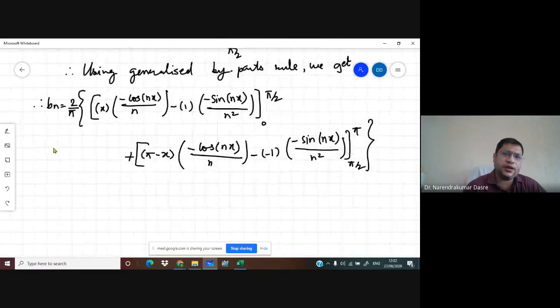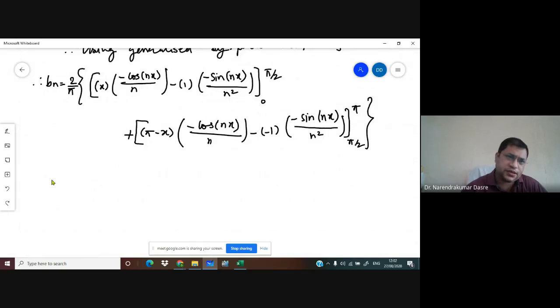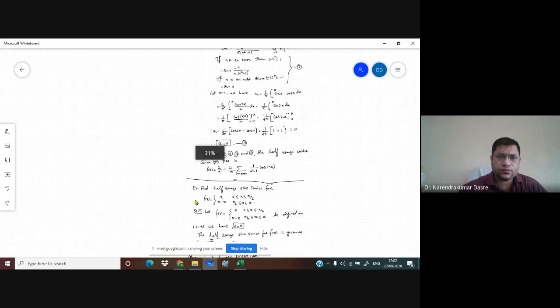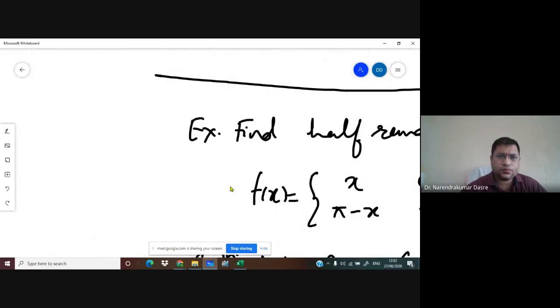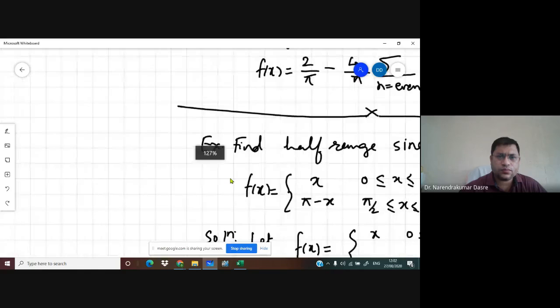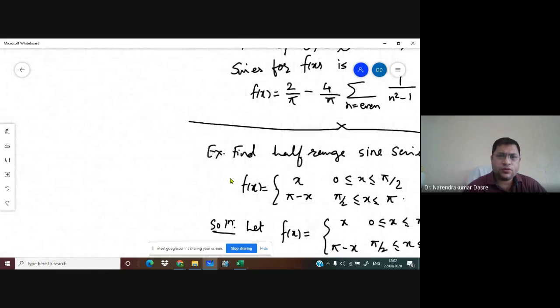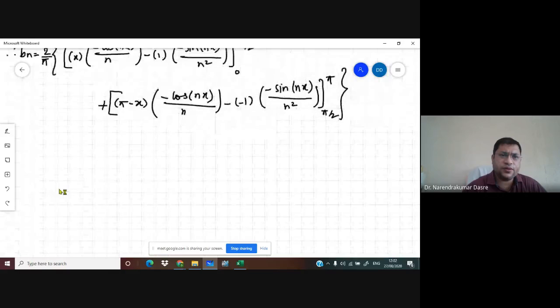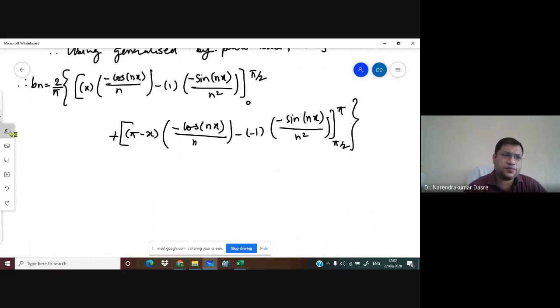Okay, so here we apply the limits, and hence we have the limit. This is equal to 2 upon pi. Okay, for this integral, for that we have to write pi by 2.